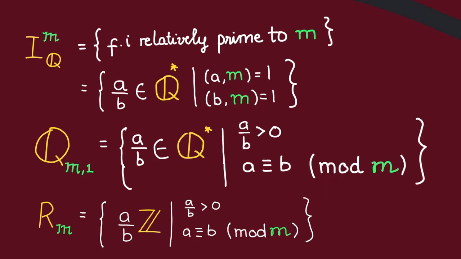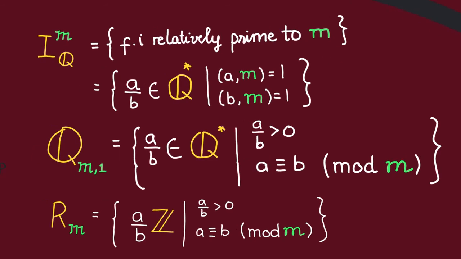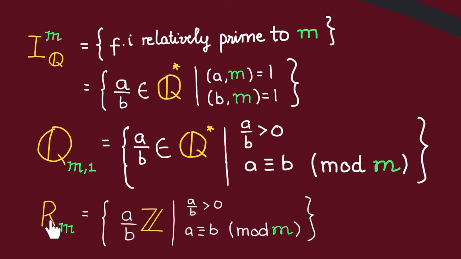With that identification, we see that the group I_M of fractional ideals relatively prime to M just consists of quotients of integers a over b such that a and b are both relatively prime to M. And then R_M is just the group of principal fractional ideals a over b such that a is congruent to b modulo M, and a over b is positive under the embedding of Q into R. So that just means that a over b is positive.